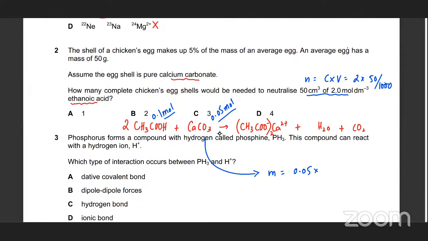That's 100. So that comes out to be equal to how much? 5 grams. Kitna? 5? Okay. 5 grams. I think that comes out to be 5 grams.